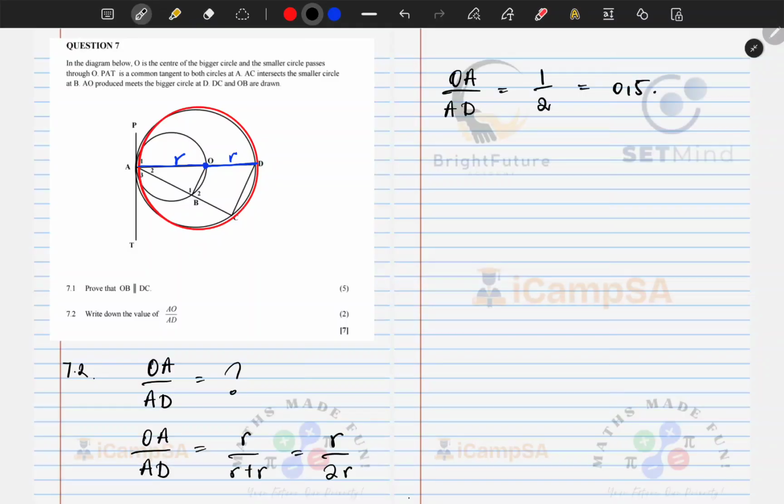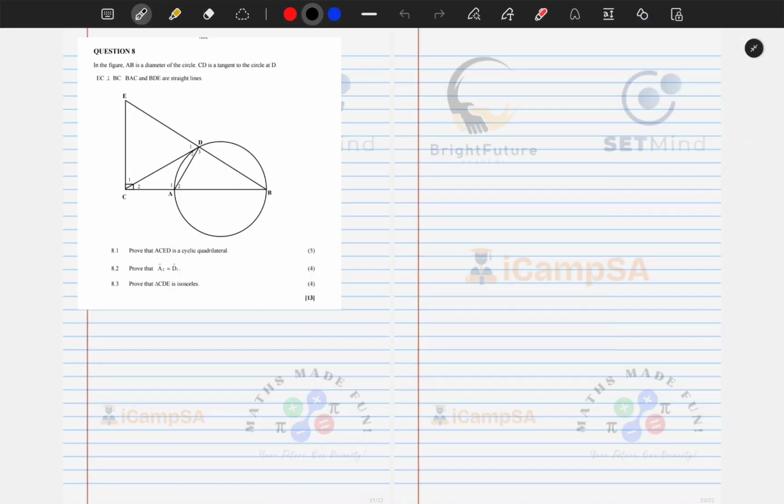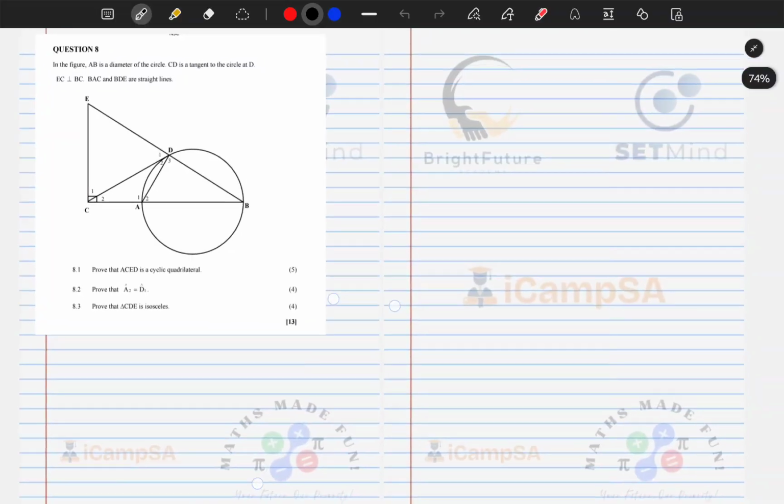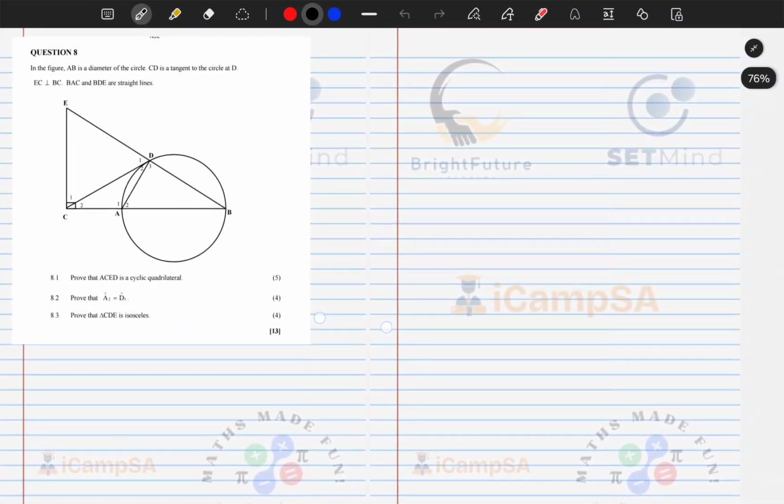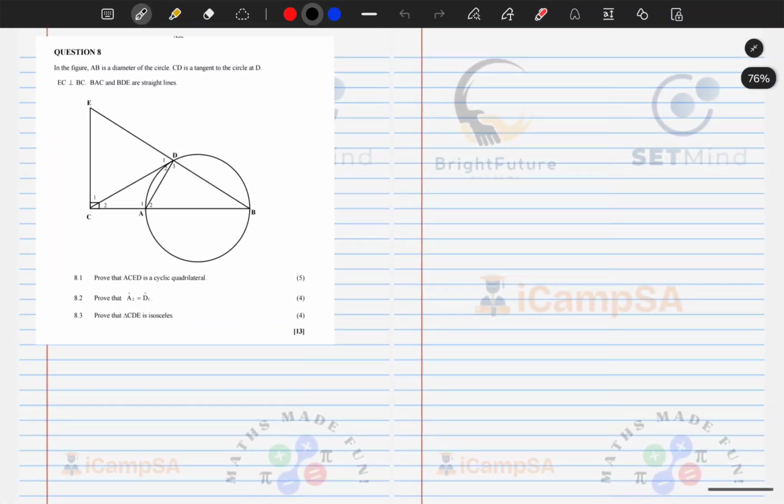All right. So now let's look at, it should be the last question, which is question 8. In question 8, we are being told that in the figure AB is a diameter of the circle.